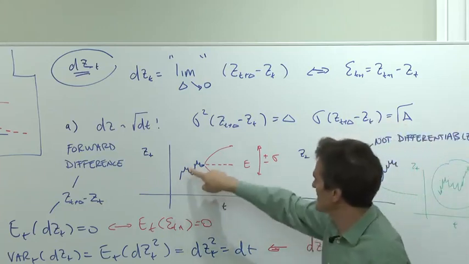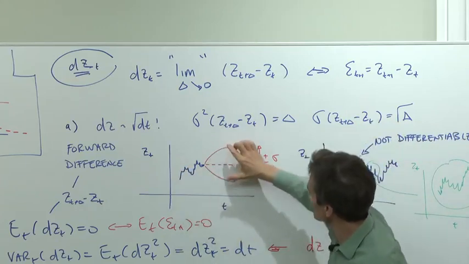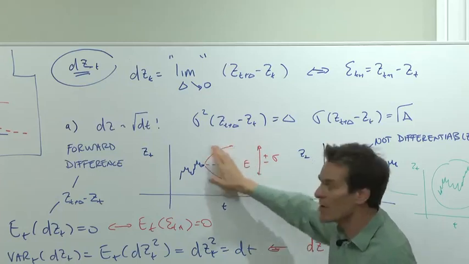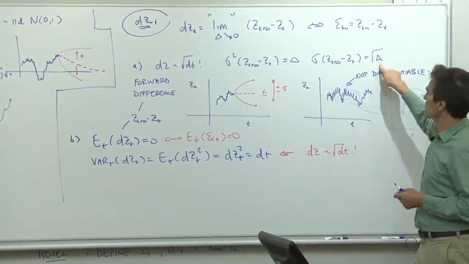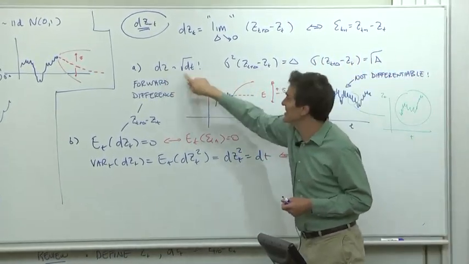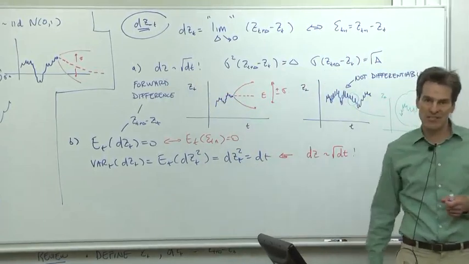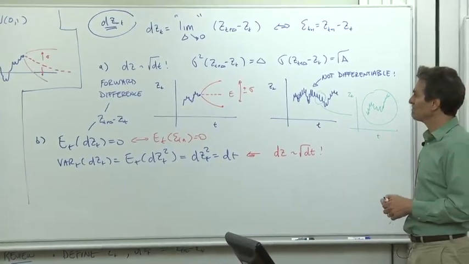That means if you're looking at z at any time and you're thinking about what it's going to do forwards, the typical size of deviations is the square root of how long you look out in front. Well, standard deviation is square root. Typical size is square root. That means the typical size of a dz is the square root of dt. That's a big number when dt gets very small.